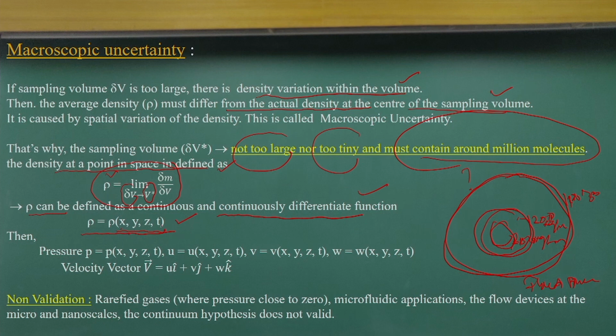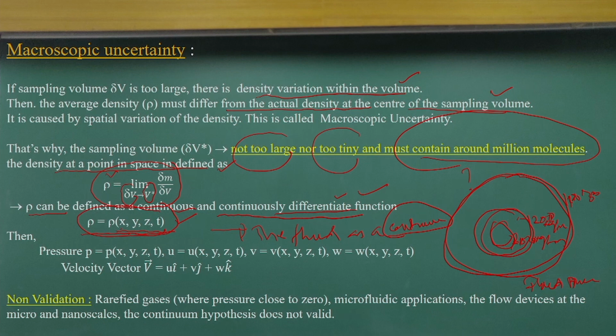Remember that if you have a microscopic or macroscopic uncertainty, you cannot define it as a continuous function. So now we call the fluid a continuum, because we can use continuous, differentiable functions of the density and flow properties to define the flow process. So we define the fluid as a continuum.